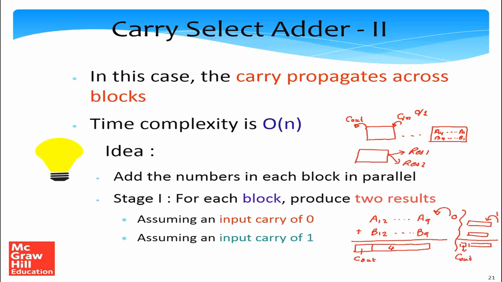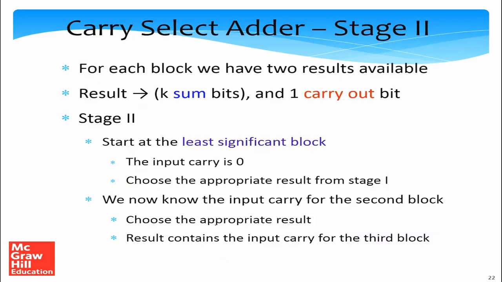Alright, so for each block we produce two results. We assume an input carry of 0 into the block, so we produce one result, and we produce one more result by assuming an input carry of 1. Both of these can happen in parallel, since it's in hardware. Assume that we are adding two 32-bit numbers and we have blocks of size 4, so we'll have essentially 8 blocks.